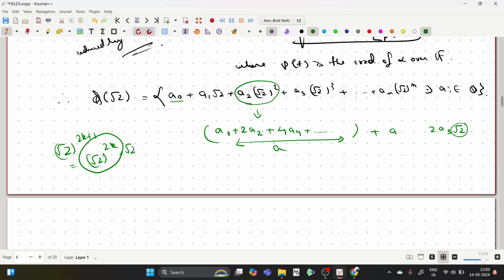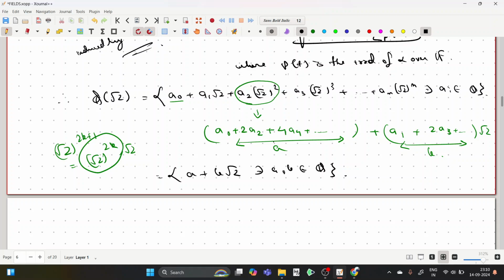So just I can write this as a1 plus 2a3, and I take the collection of all these coefficients which comprise of the odd power, and it continues, and I can eventually write root 2 here, and I can consider this to be completely as an element of Q under closure, because Q is a field, as B. Thus we can observe that Q root 2 is just the collection A plus B root 2, such that A and B come from Q.